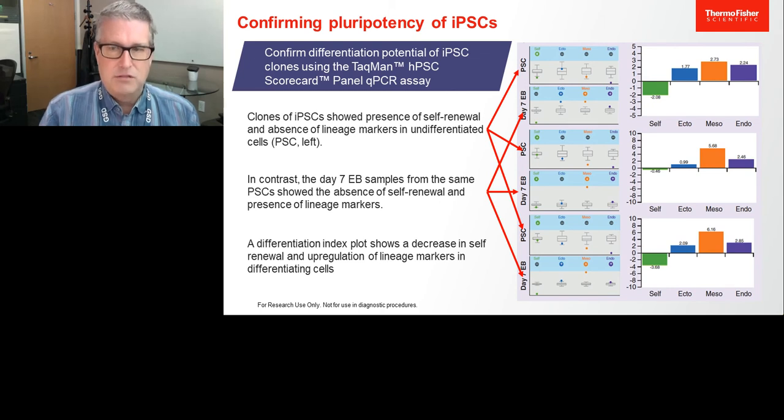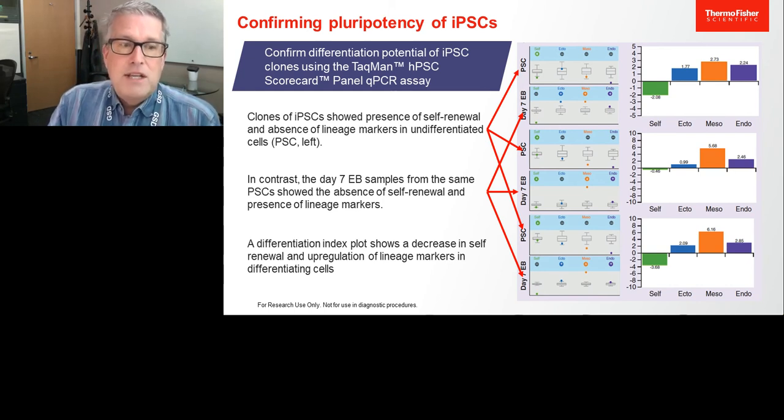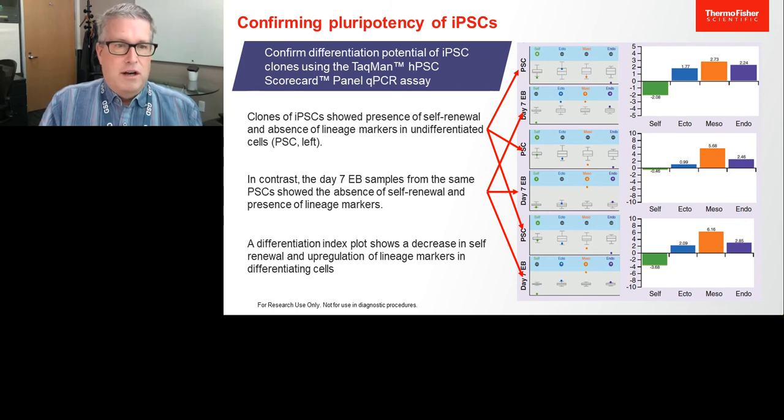But once we move down the differentiated pathway, the EB cells show an absence of self-renewal markers, and lineage markers were upregulated as a result of going down the differentiated treatments.